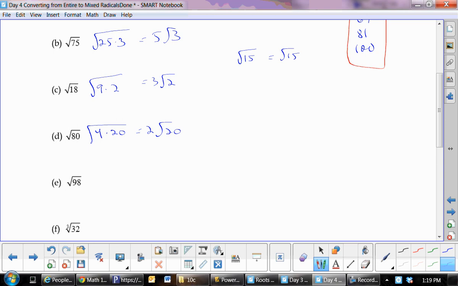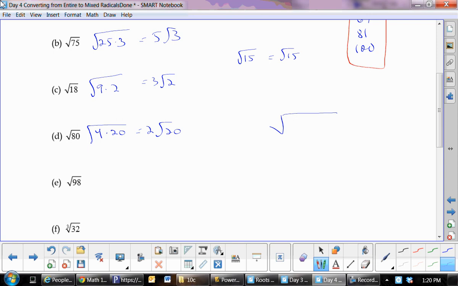Okay, is there another way that I could write this so it's two perfect squares? Oh, sorry, a perfect square times any number. What's a bigger perfect square?